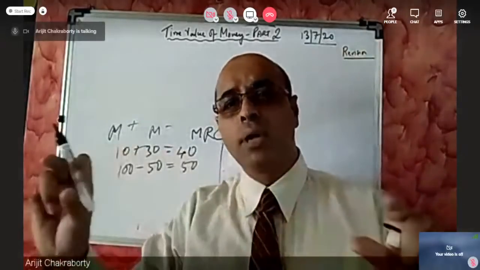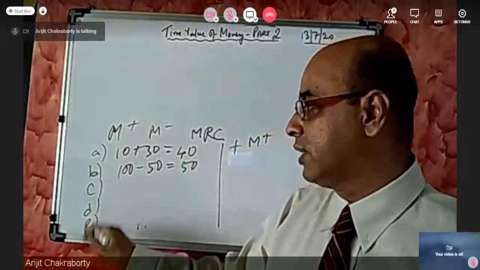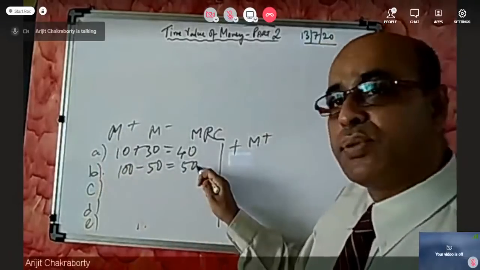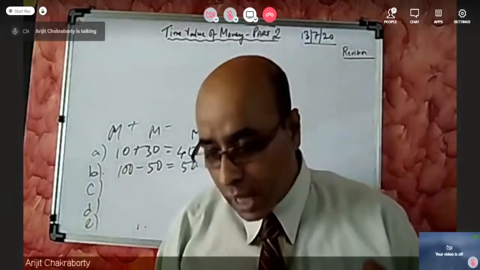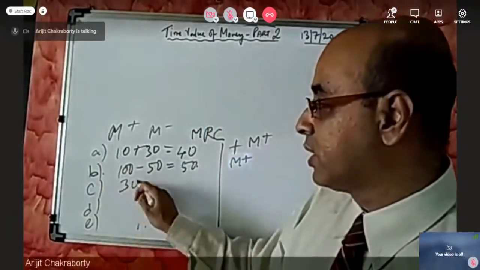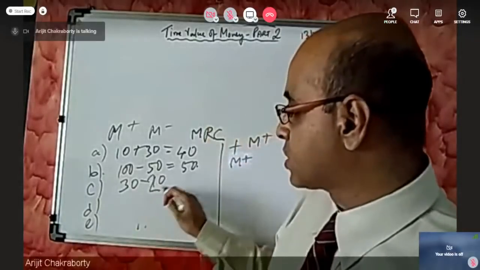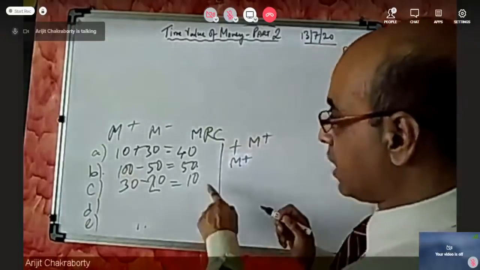So I have a formula where I have to add, say, A, B, C, D. I have to add A plus B, so this 50 also I will use M plus. Now I am doing the third calculation, 30 minus 20 equals 10. This I want to subtract.